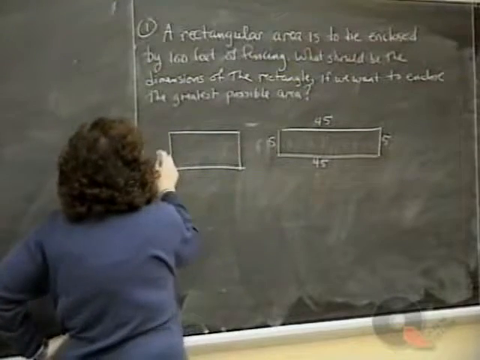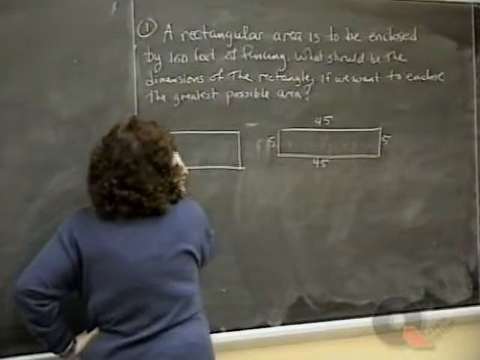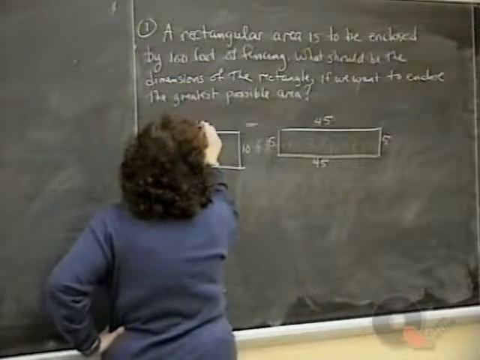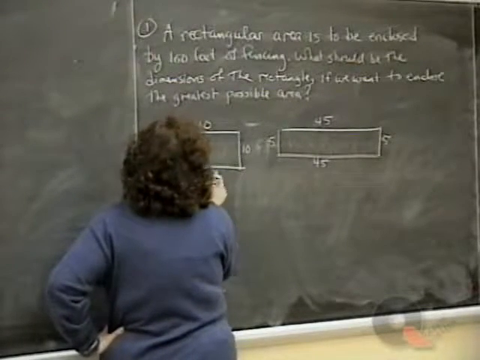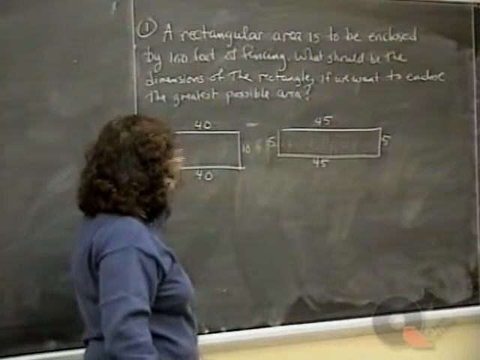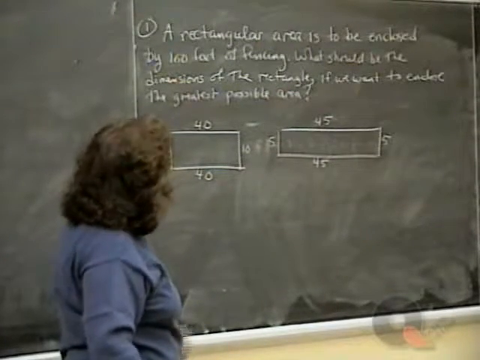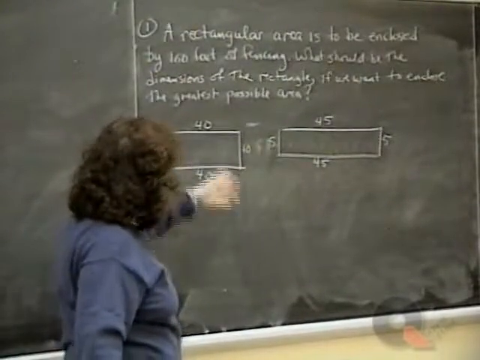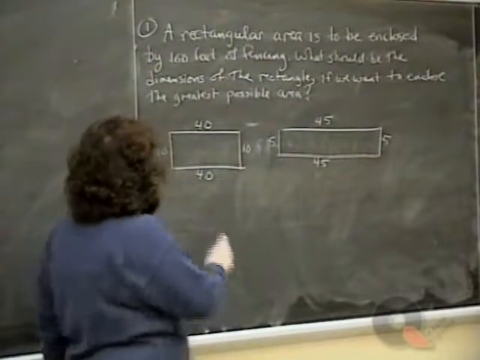Or we could have 10 feet on either end, and 40 feet on the other sides, 40 and 40, 80 and 20, 100 feet of fencing. As all of these rectangles have 100 feet of fencing, the perimeter is 100 feet, except the area changes.